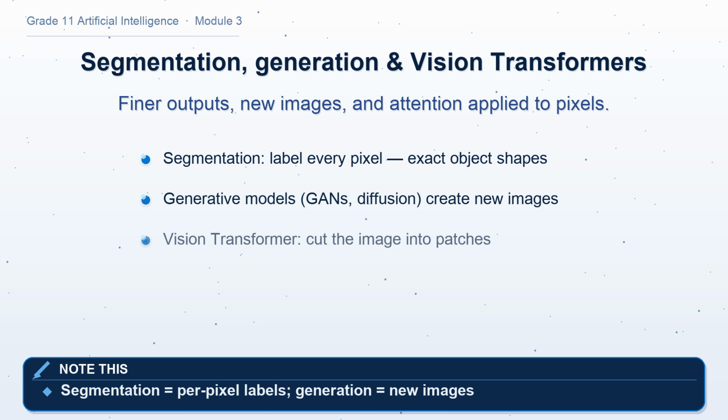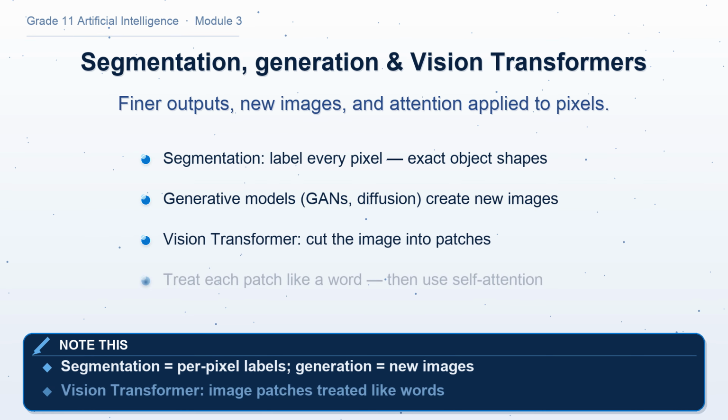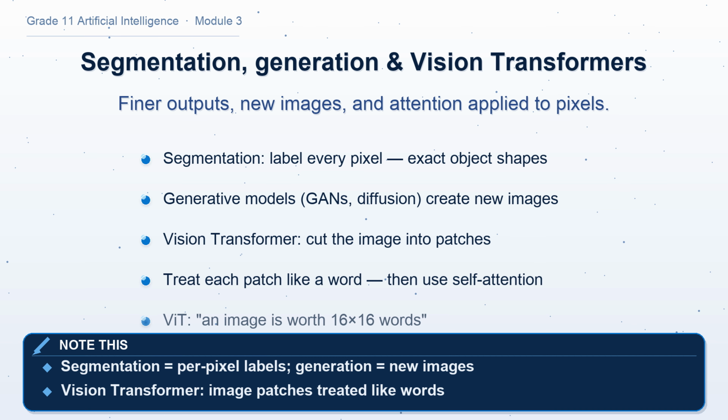Third, the vision transformer brings the idea from our last module into vision. It cuts the image into small patches, treats each patch like a word, and then applies self-attention so every patch can attend to every other. The paper's title says it well: an image is worth 16 by 16 words.